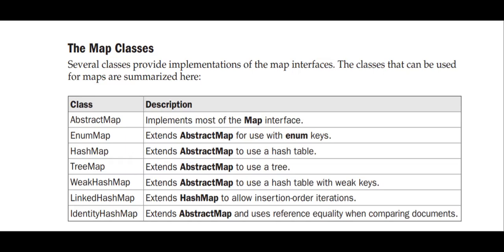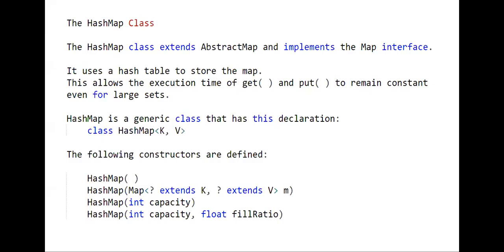So first is the HashMap class. The HashMap class, as we know, extends the AbstractMap class and implements the Map interface. It uses a hash table to store the map. The execution time of get and put methods will remain constant even if we are dealing with a large set of data.